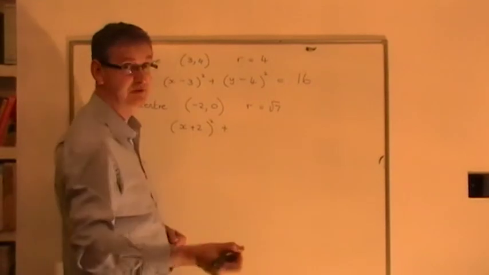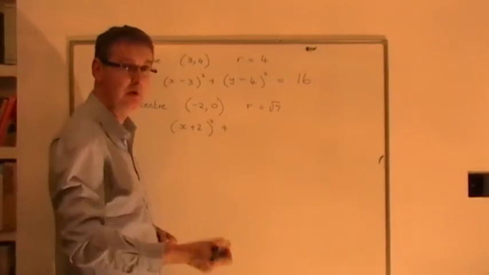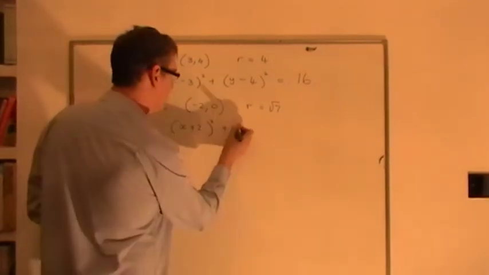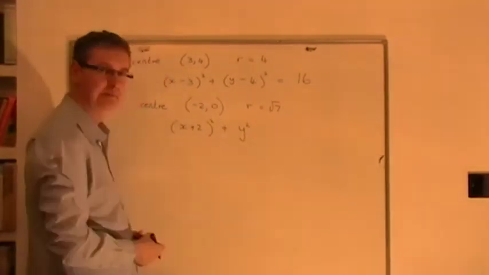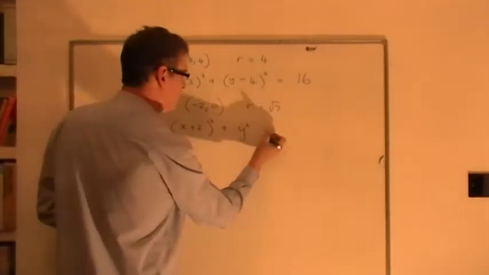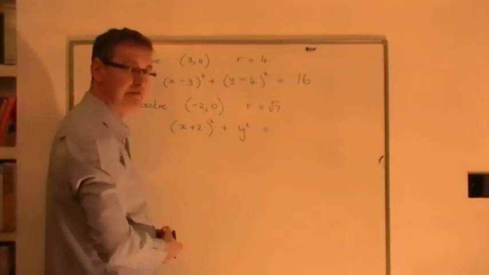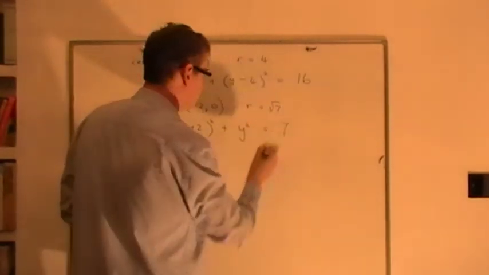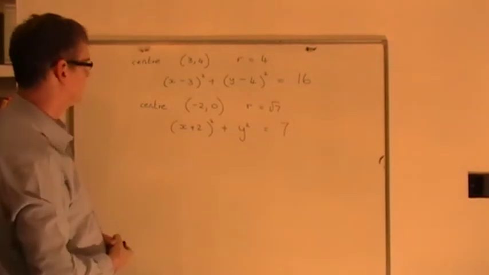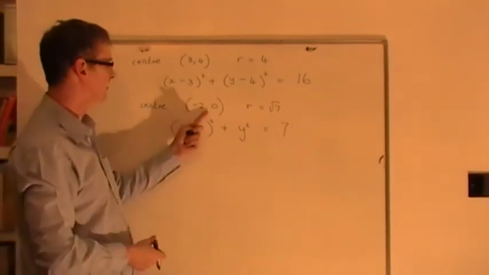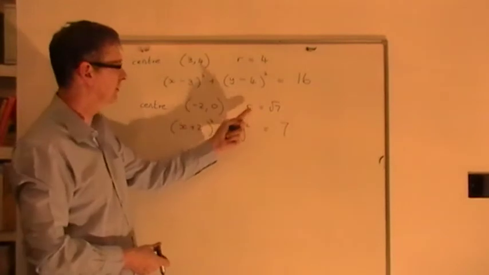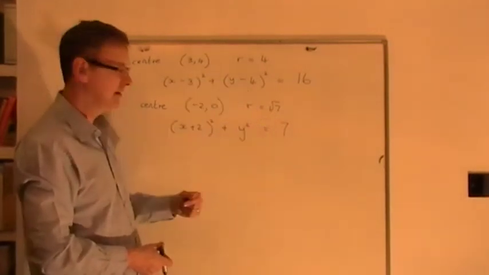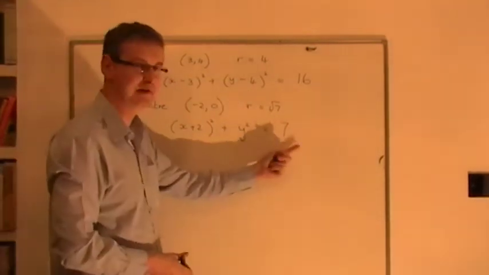I could put y plus 0 or y minus 0 in a bracket if I want, but I don't need to. I can just write y squared equals, and then on this side we have the radius squared. Well, if you take root 7 and you square it, you get 7. So there you go. If we have a circle with centre (minus 2, 0) with a radius of root 7, then its equation would be that.